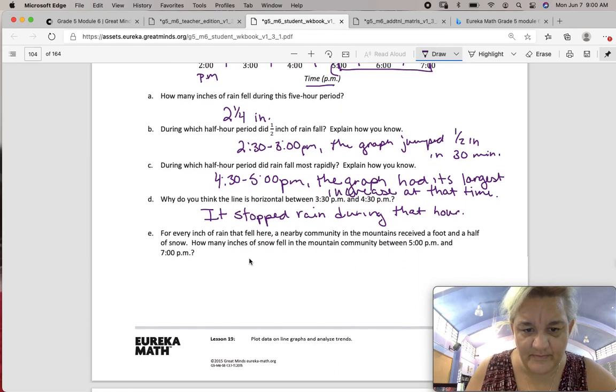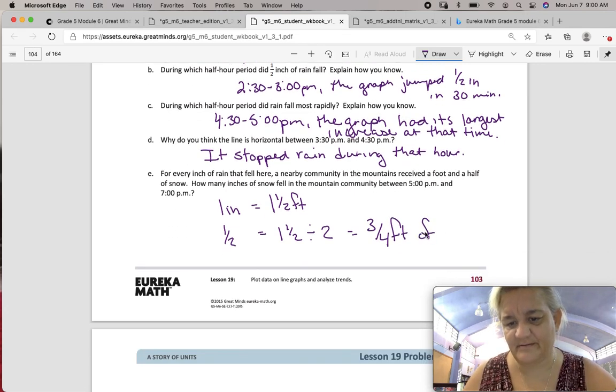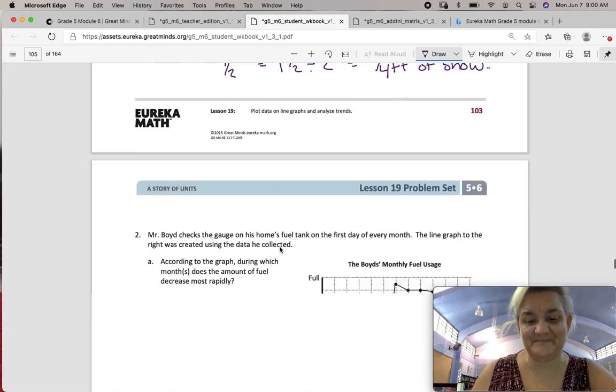So for every inch, if 1 inch equals 1.5 feet of snow, then 1/2 inch is going to be this number divided by 2, right? So we're taking half of that amount, which equals 3/4 of a foot of snow. Okay. That one's a tricky one.